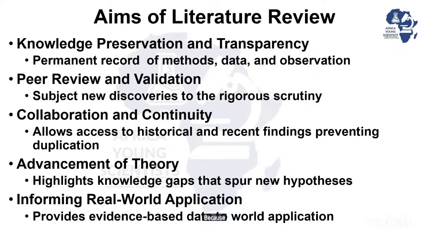Because either part of the things you think you need to do has already been done, or some of the things you want to do, based on the present technological advancement, are not possible. It may be possible in the next couple of years, but based on the available tools right now, what you think you want to do may not be possible. So those are the things you'll be able to identify based on literature search.